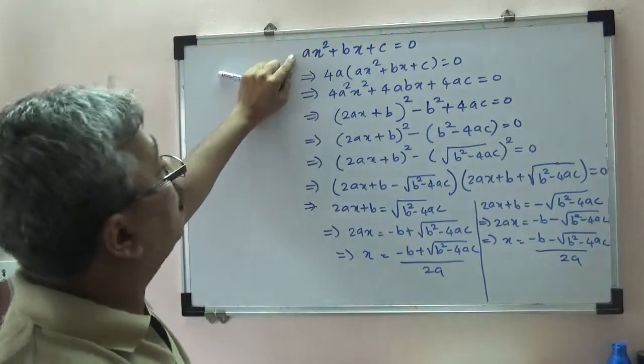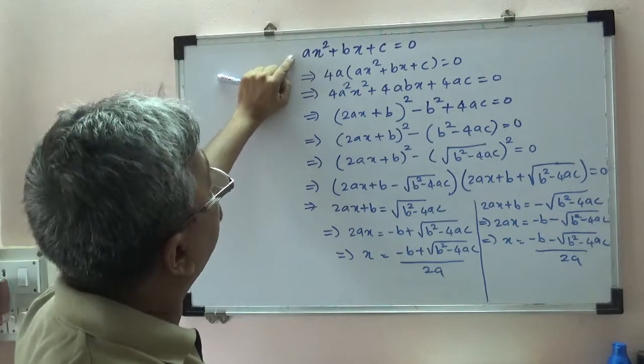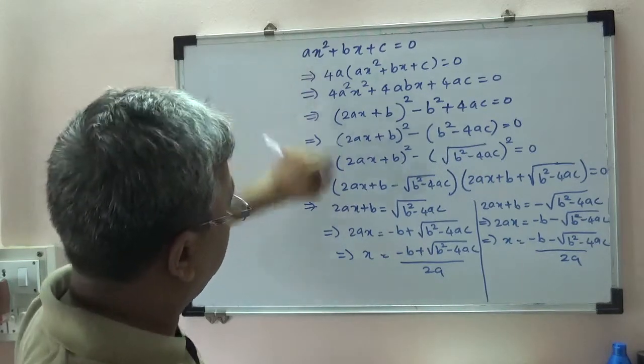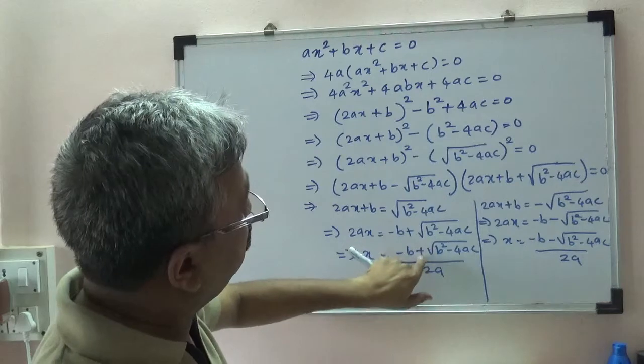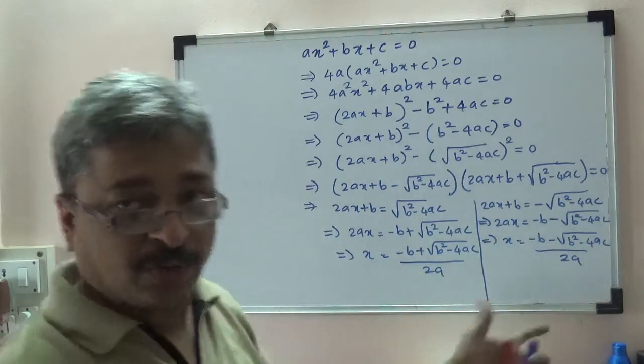So if this was a quadratic equation given to me, then it has two roots, which are x is equal to (minus b plus minus under root b square minus 4ac) upon 2a. So we have done it.